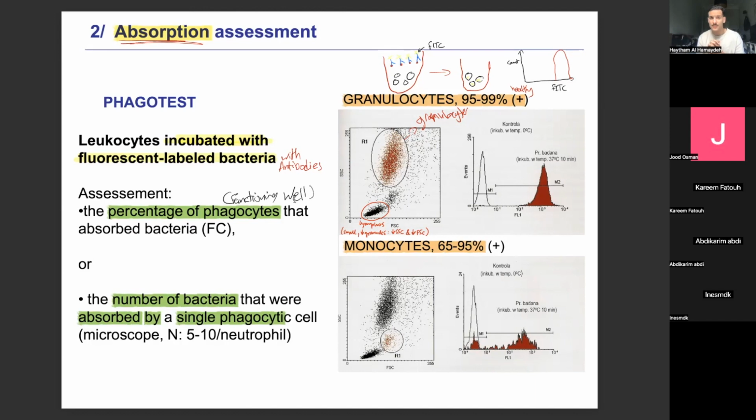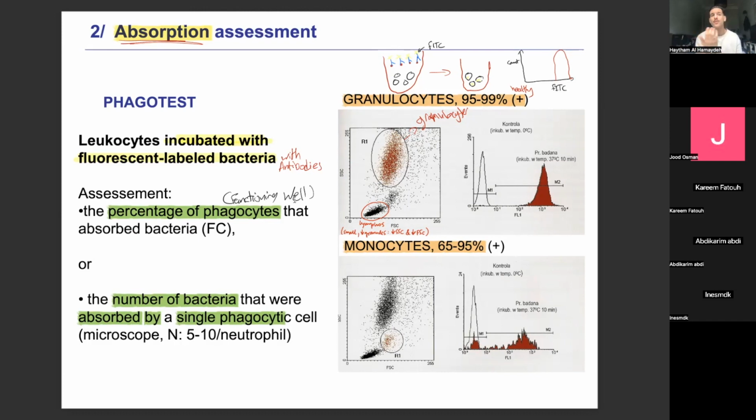A phago test is basically when we label our bacteria with a fluorescent dye or fluorescent substance, and we measure either how many neutrophils phagocytosed bacteria, or how many bacteria were phagocytosed by one cell.